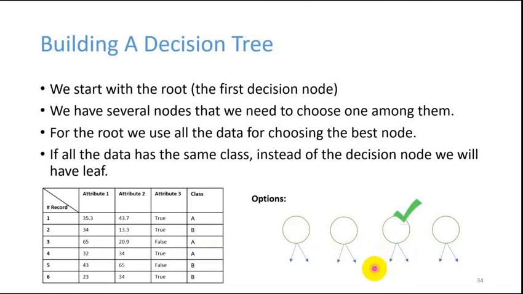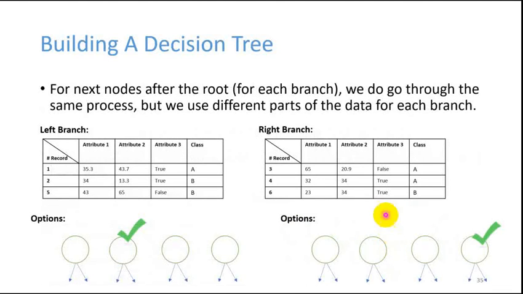For instance, if all of the labels are A after splitting with the decision node, we would put A as a leaf at the end of that branch. And if we split the data and the labels are not the same, we can continue the learning process, and we can put other decision nodes on every branch.